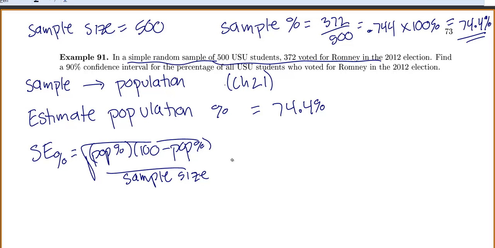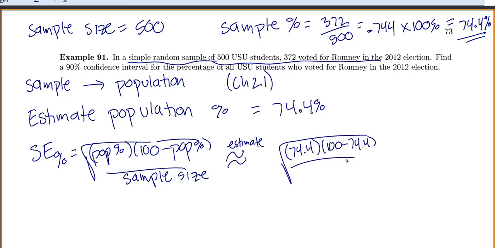Okay, I have to use my estimate, so I'm just going to do little curvy equals to remind myself that I'm just estimating that. And we'll use our sample percentage, which was our estimate. So 74.4 times 100 minus 74.4 over my sample size, which was 500. So 1.95%.